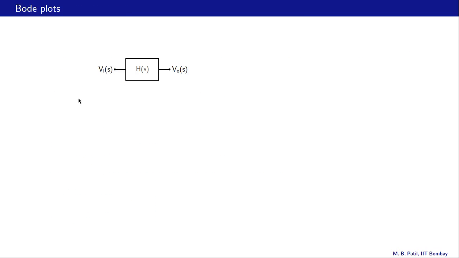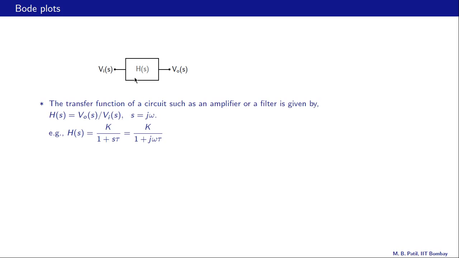Okay, with that longish introduction, let us now come to Bode plots, the topic of our interest. Here is a black box with a transfer function h of s. And what is h of s? H of s is Vo of s divided by Vi of s.